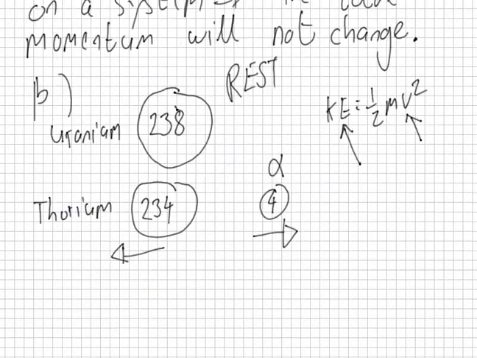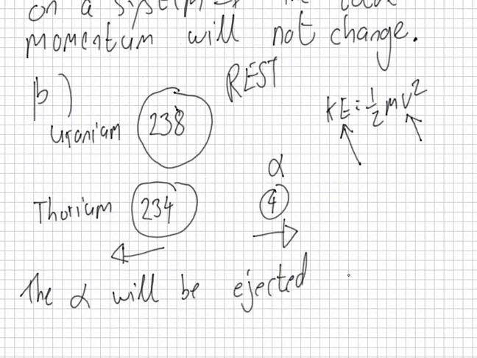So anyways, we'll just say the alpha will be ejected at high speed.